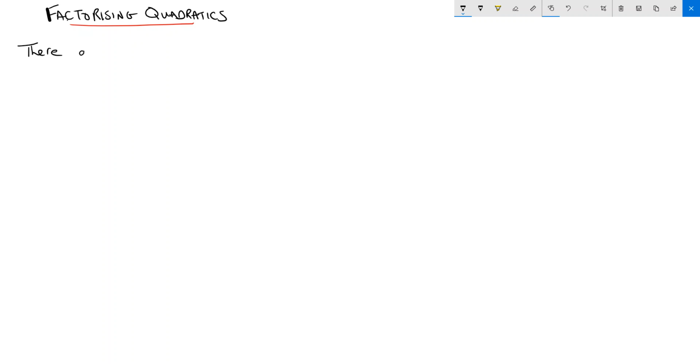Okay, now there are 3 factorizing methods for factorizing, and which depend on the question.